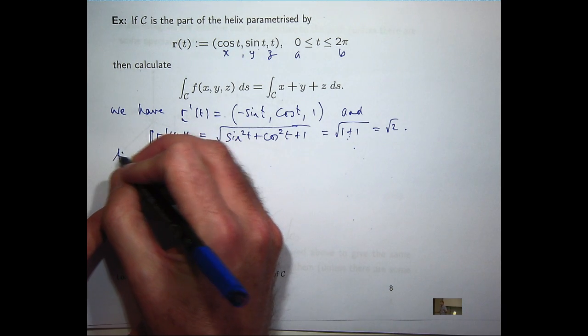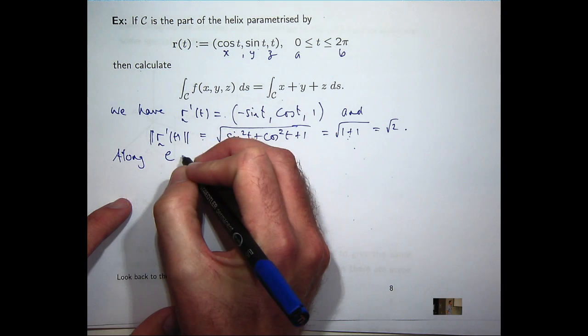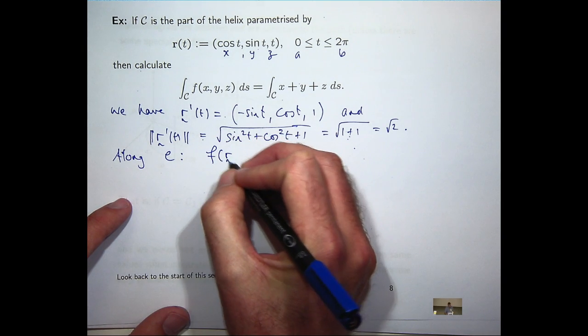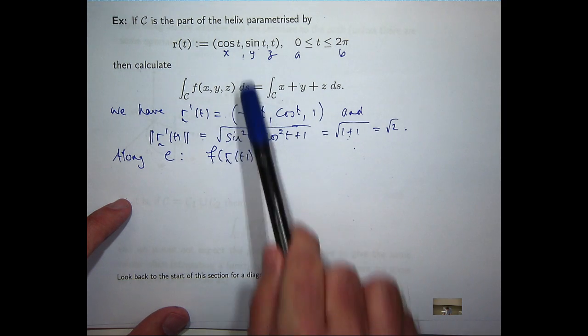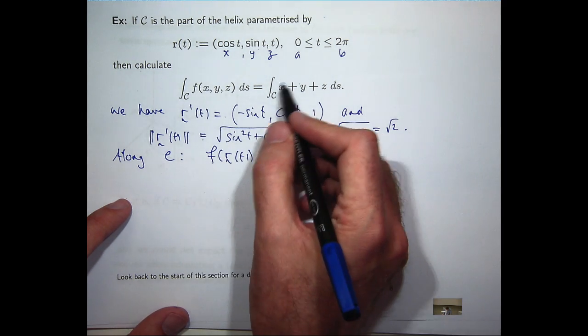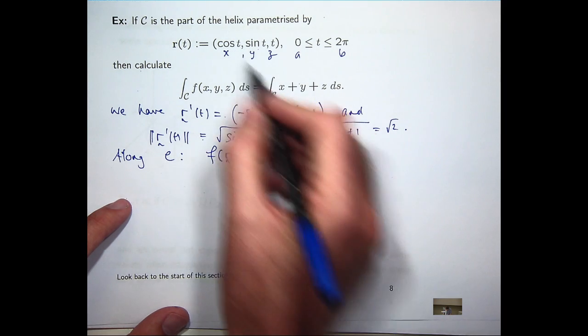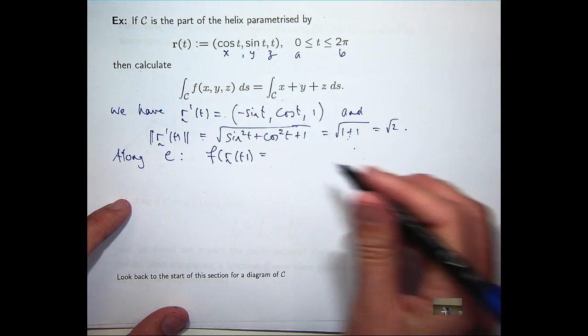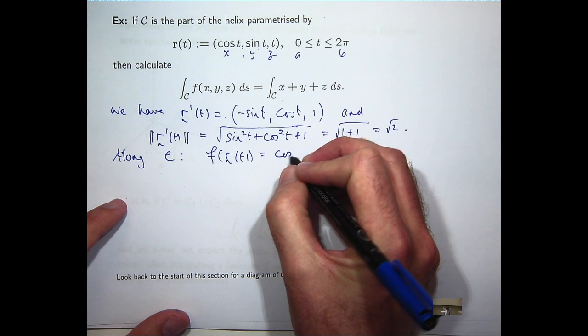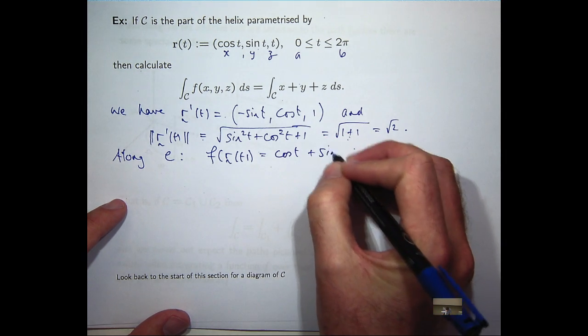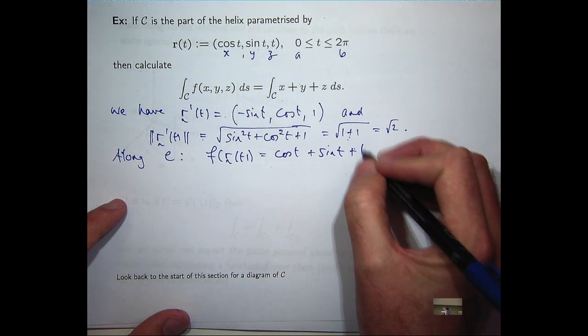So along C, f evaluated along our parameterization for C is going to be, that's our f, replace x with cosine t, y with sine t, and z with t. So it's going to be cosine t plus sine t plus t.